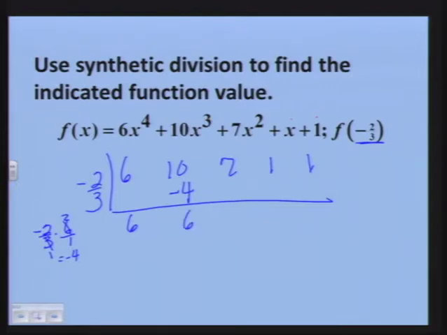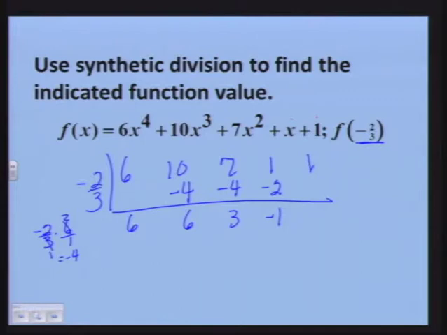Well, I bet you know what negative 2/3 times 6 is this time. Negative 4. So 7 minus 4 is 3. Let's make a nicer 3. Negative 2/3 times 3 gives me negative 2. Adding negative 2 and 1, I get negative 1.